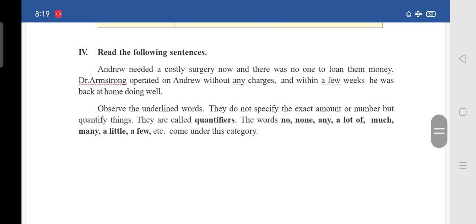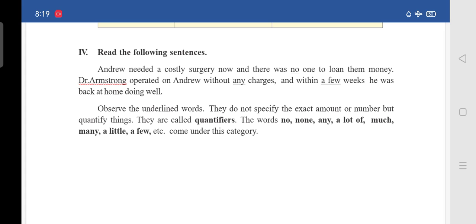Read the following sentences. Andrew needed a costly surgery now and there was no one to loan them money. Dr. Armstrong operated on Andrew without any charges. And within a few weeks he was back at home doing well. Observe the underlined words.